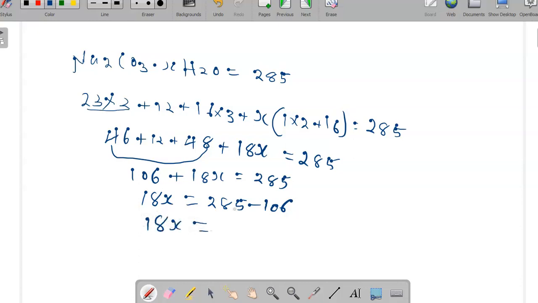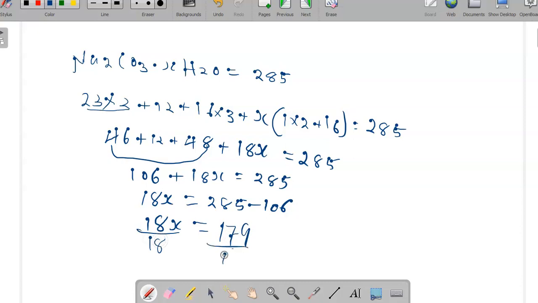18X therefore is equal to, when you subtract these, you will get this value. You subtract 285 minus 106. You will get 179. You divide by 18.